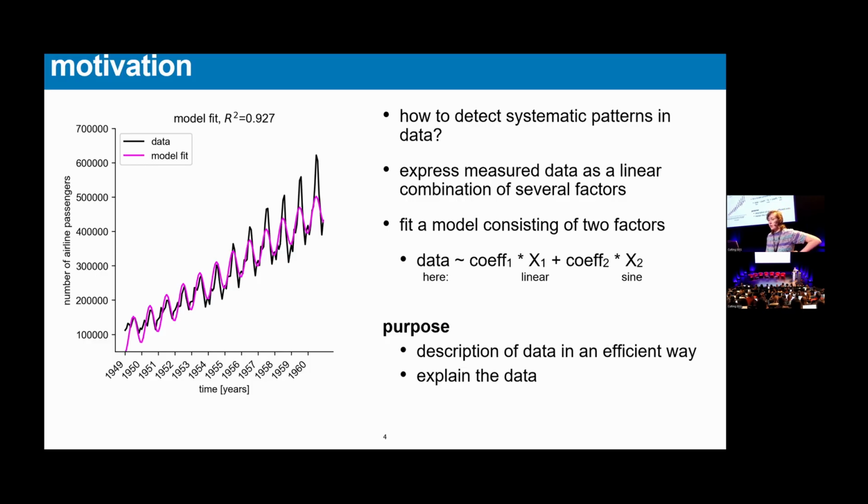In that way, we can describe the data in an efficient way and maybe explain the data to some part if we find an interpretation for the factors. The cyclical part would be the yearly change. Okay, easy.